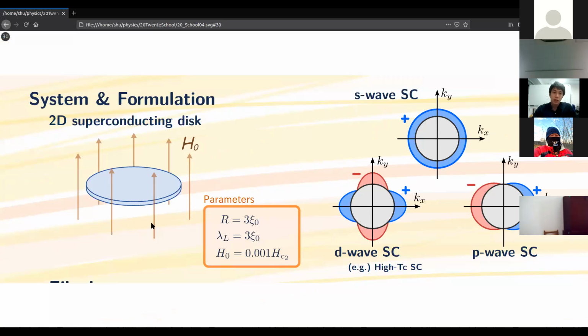Then we consider this kind of two-dimensional small superconducting disk. In this case, the radius is of the order of the London penetration depth. We consider the usual spin singlet S-wave and D-wave, and also spin triplet P-wave superconductors.